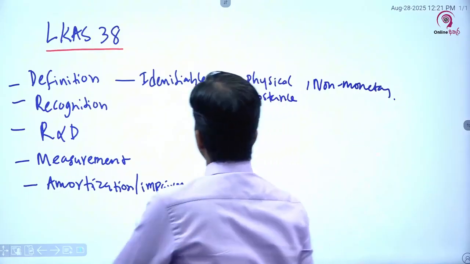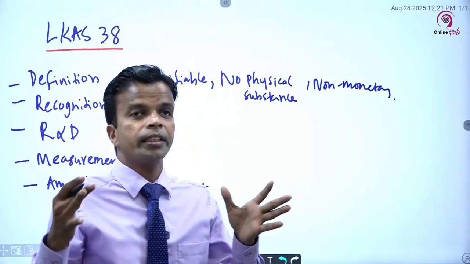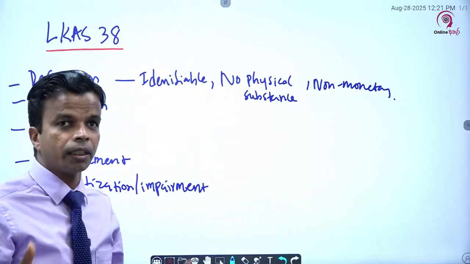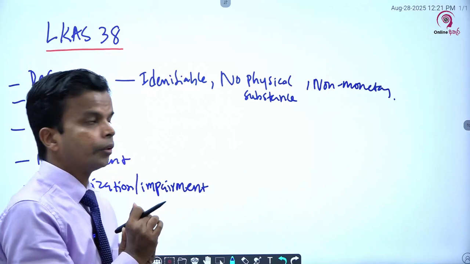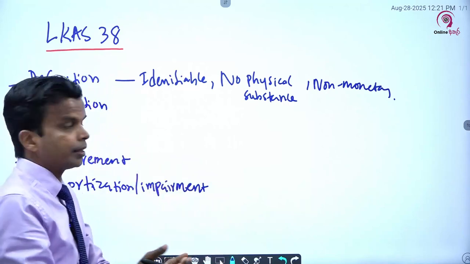So if you have an identifiable non-monetary asset which does not have a physical substance, that is an intangible asset. That is basically the definition of intangible assets.